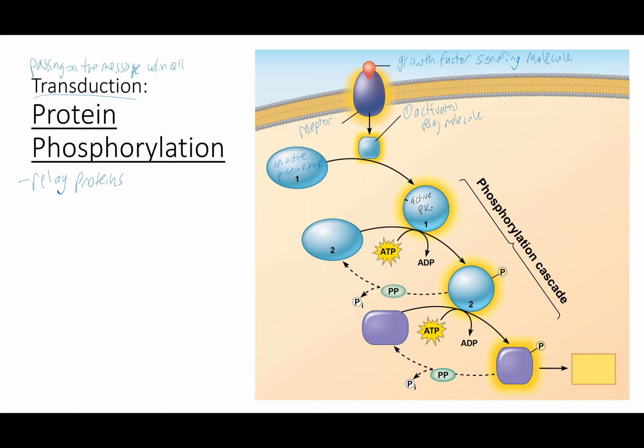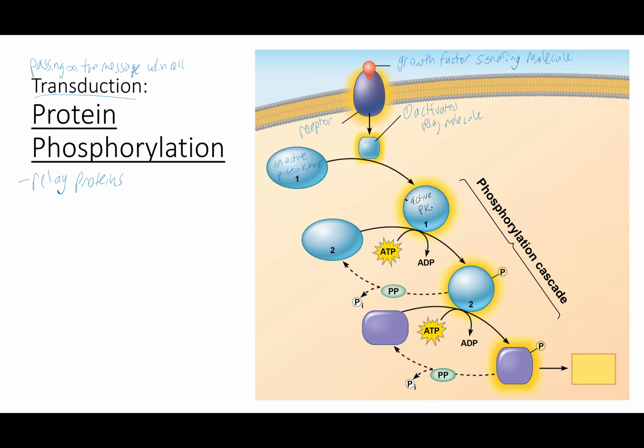What do we know that protein kinase molecules do? Enzymes. What do they do? Two slides ago, three slides ago. What does the protein kinase do? It doesn't break down protein.